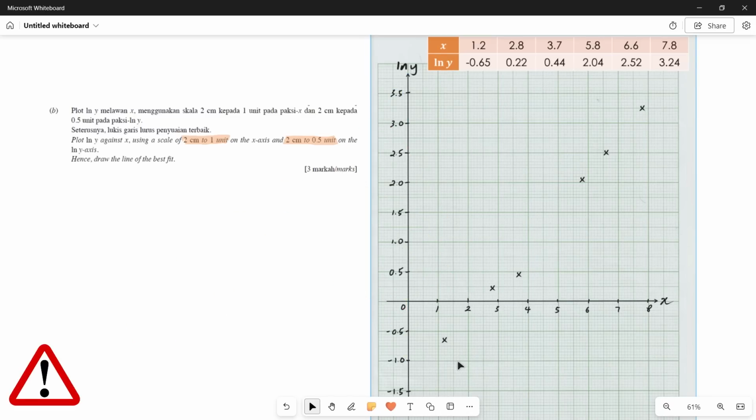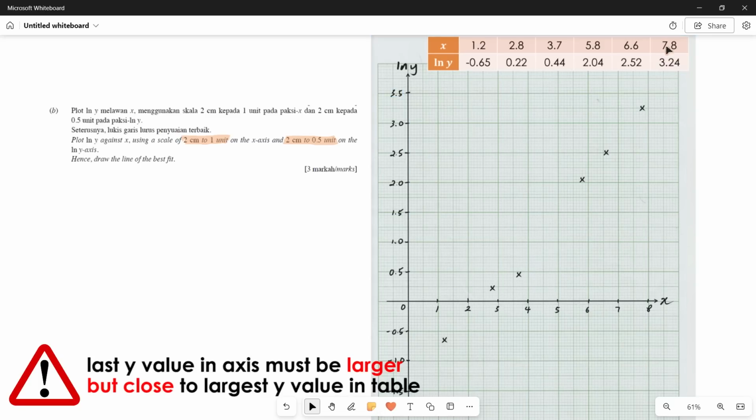So I would say this question is also quite sneaky in a way. There are negative values if you look at the ln y values here. So we need to provide space for negative values, but how big of a space is sufficient? Right? How much space should we provide for the negative values? For this one, we need to look at the highest ln y value, and according to this value, we need to label the last ln y value, which is larger than this number but close to it.